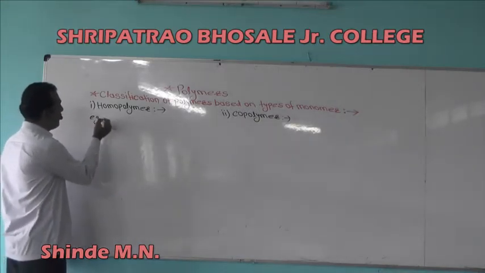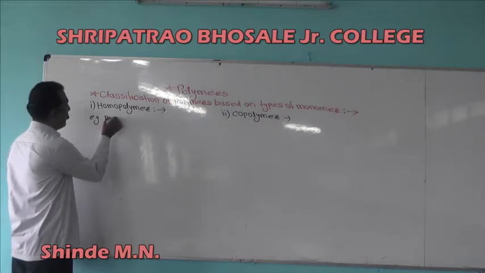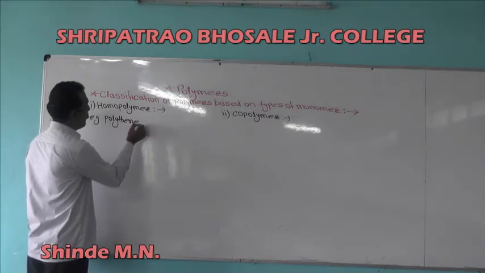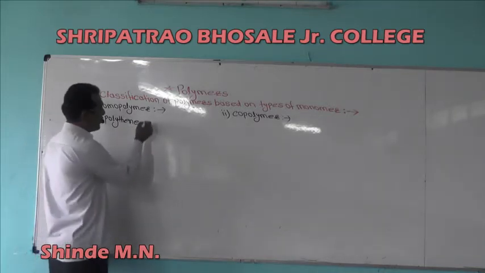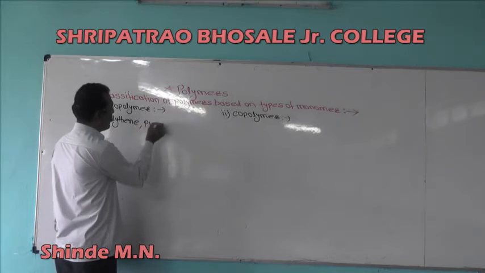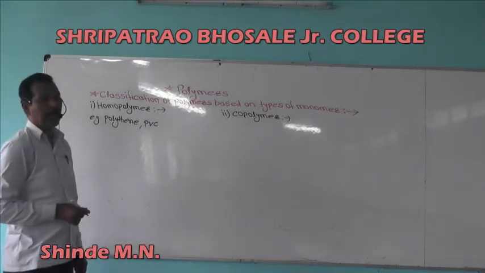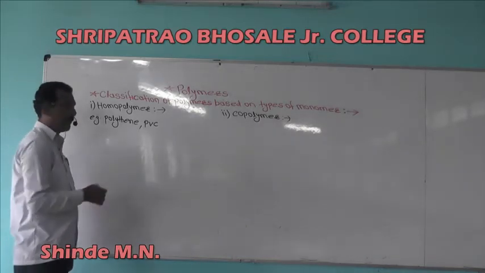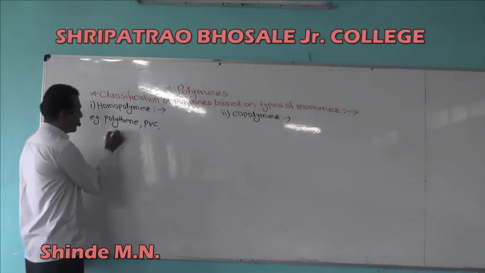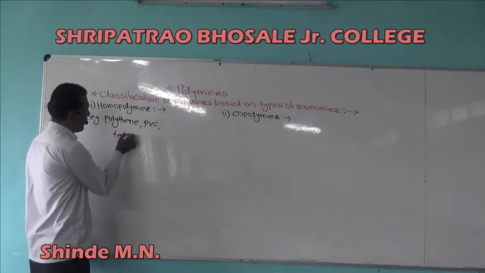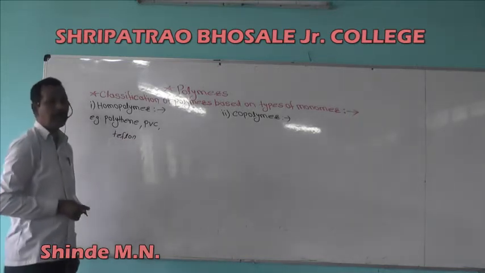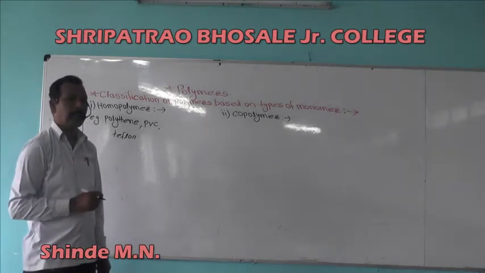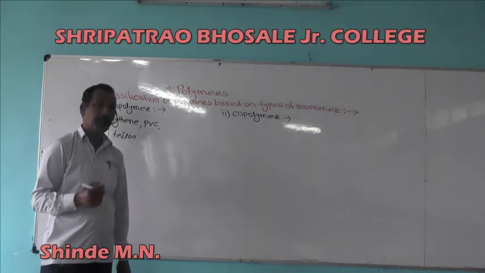For example, polythene, or for example PVC, polyvinyl chloride, or for example Teflon, it is also homopolymer, or for example polyacrylonitrile, or for example polypropylene.